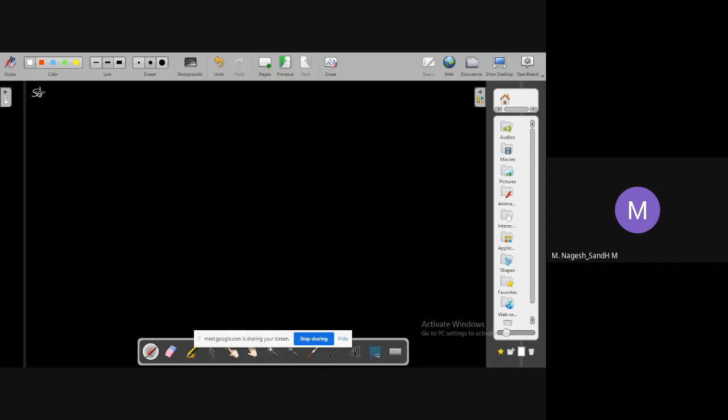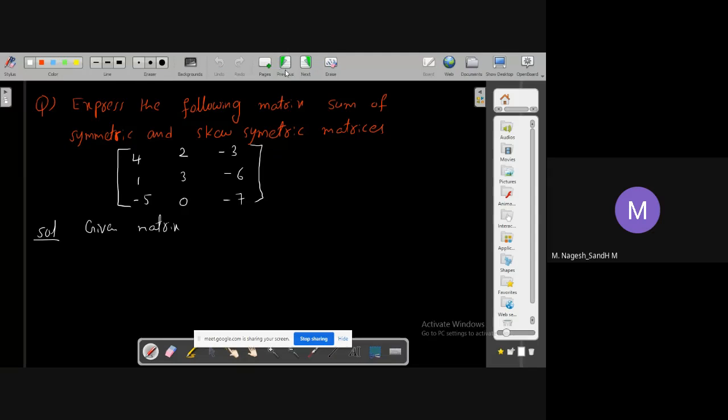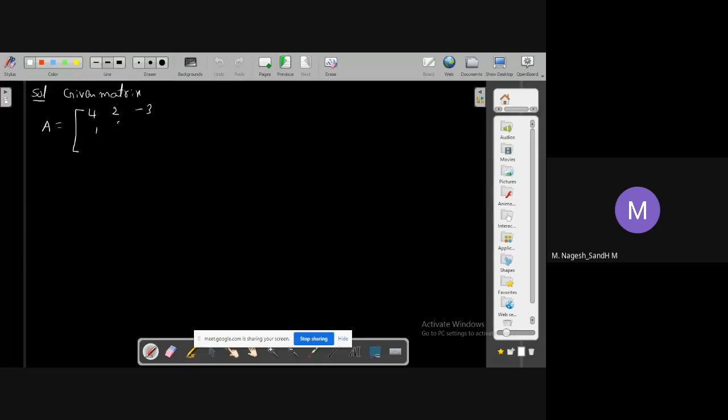Given matrix, assume it as A. So A is equal to 4, 2, minus 3; 1, 3, minus 6; minus 5, 0, minus 7. So this is the given matrix.